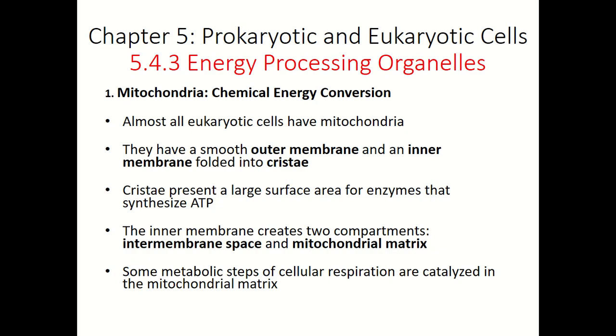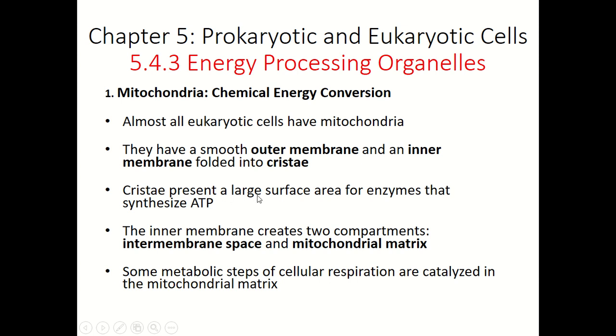Here's the same. So mitochondria is the place for chemical energy conversion. Almost all eukaryotic cells have mitochondria. They have a smooth outer membrane and an inner membrane that is folded into cristae.